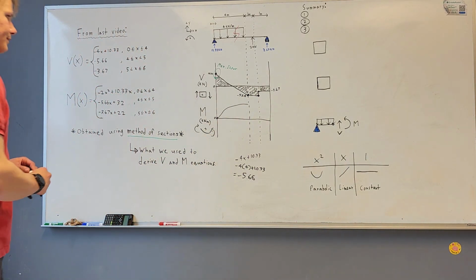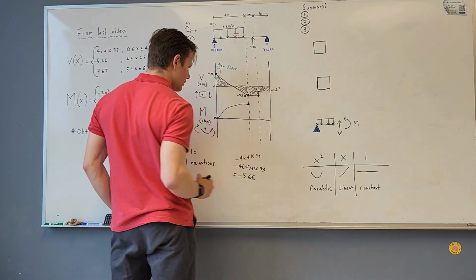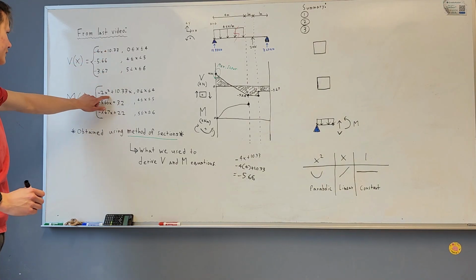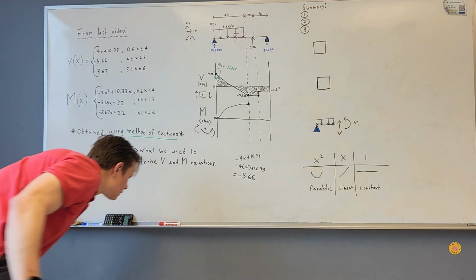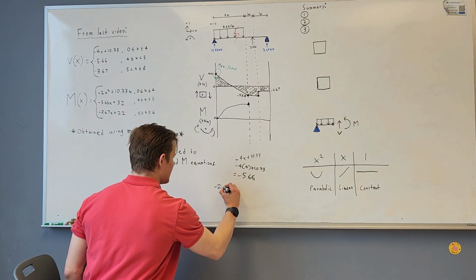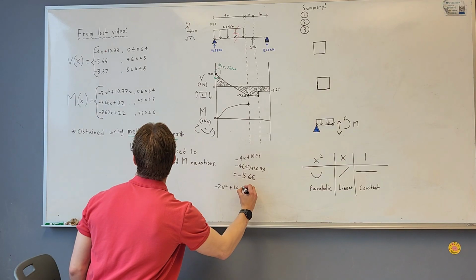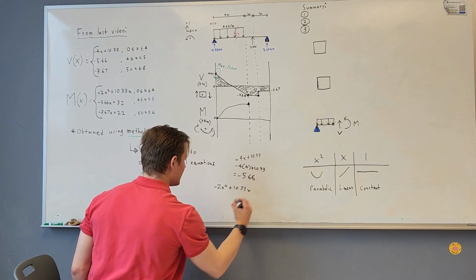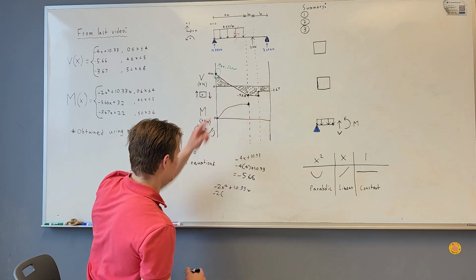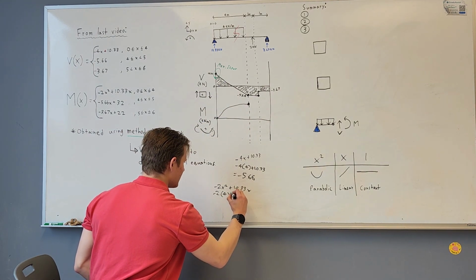And then if we want to get this value right here, we can do what we did last time. Let's just use our formula. So we have negative 2x squared plus 10.33x. Let's sub in our value. This is x equals 4 meters, that's what we want to know the value of.